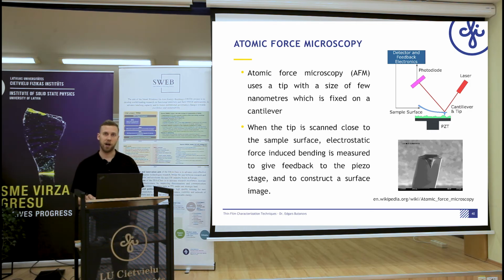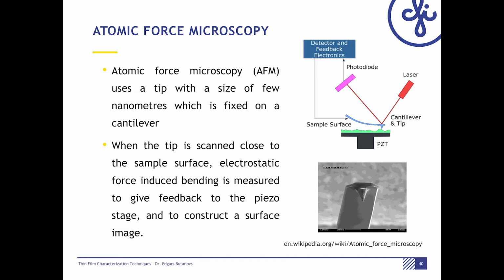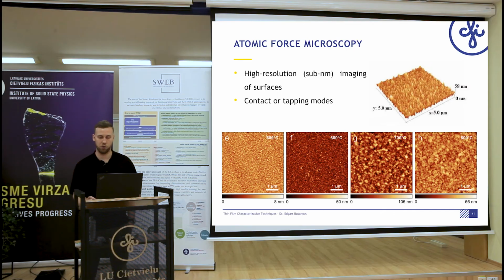To perform a higher resolution, more detailed surface analysis, typically atomic force microscopy is used. It uses a tip with a size of a few nanometers fixed on a cantilever, which is scanning, oscillating above your sample, and due to electrostatic force, the induced bending is measured in the cantilever, and the feedback is given back to the piezo stage, and it constructs the surface image.